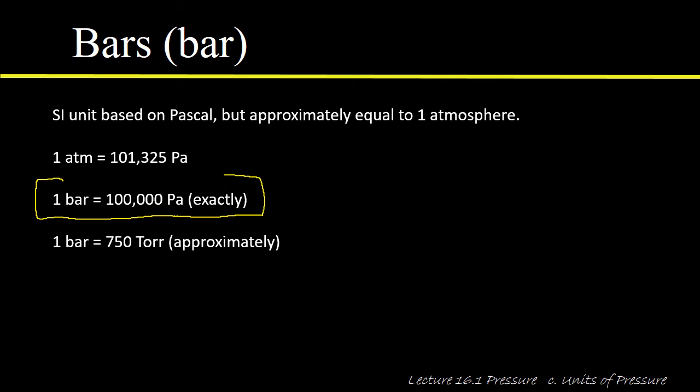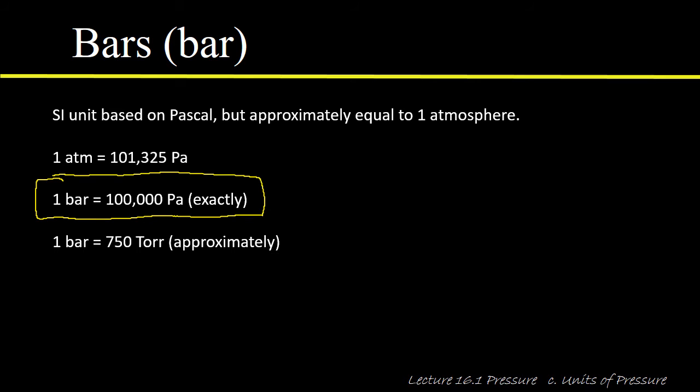And what that does is it's a unit that's approximately 1 atmosphere, but it makes conversions between bars and meters, kilograms, seconds type units a lot easier. A bar is about 1 atmosphere, but it's a teeny tiny bit less. So whereas an atmosphere is 760 torr, 1 bar is 750 torr. Okay?